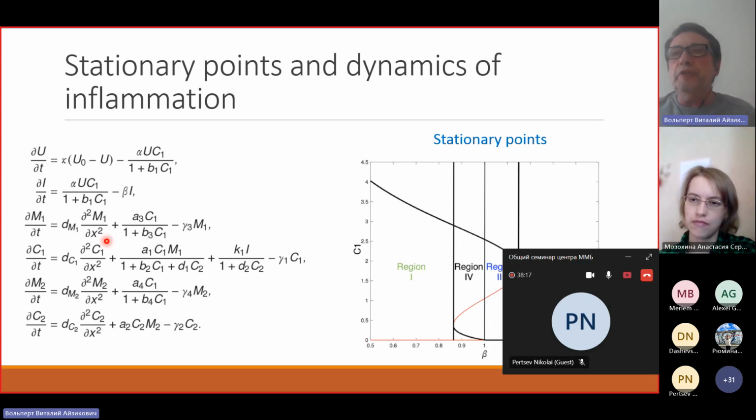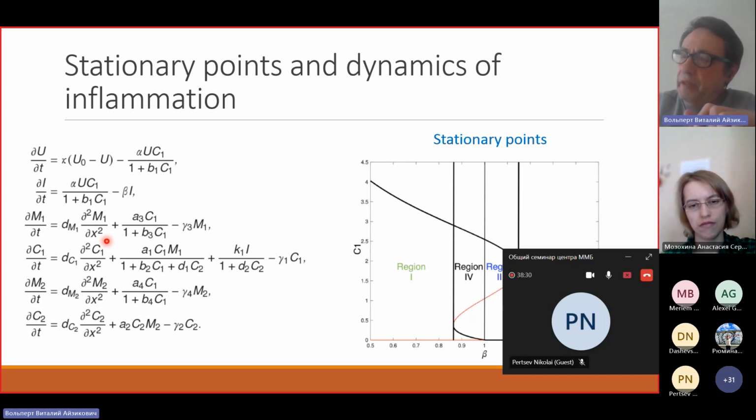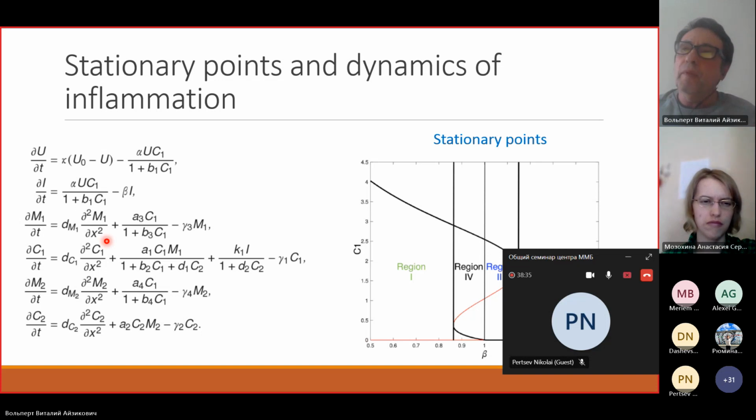So we have some tissue in the body. For example, it can be endothelial tissue in atherosclerosis. It can be epithelial tissue, for example, in viral infections. So X is the coordinate along this tissue which we consider. Is this clear? Thank you.